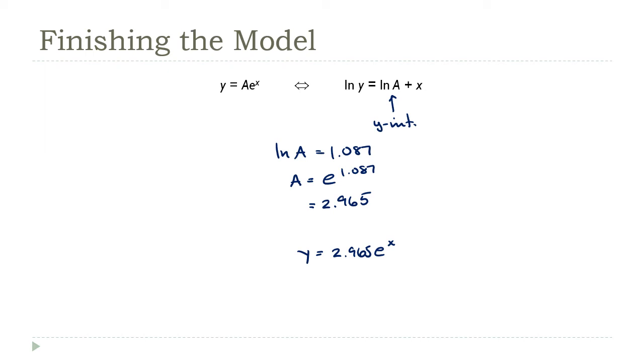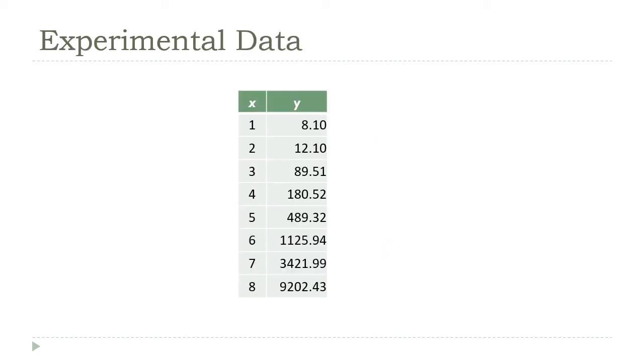All right, now the next question we need to ask is: is this model any good? Right? Is this really giving us good results compared to the data values, which we are assuming to be the true values of the system that we're trying to describe? All right, and this is easy enough to test. So to test this, I've gone back to my original data.